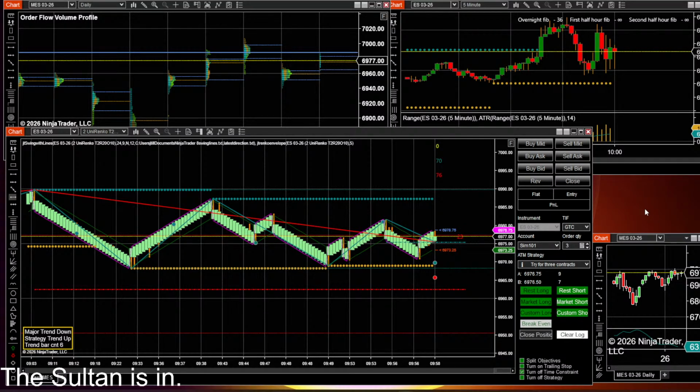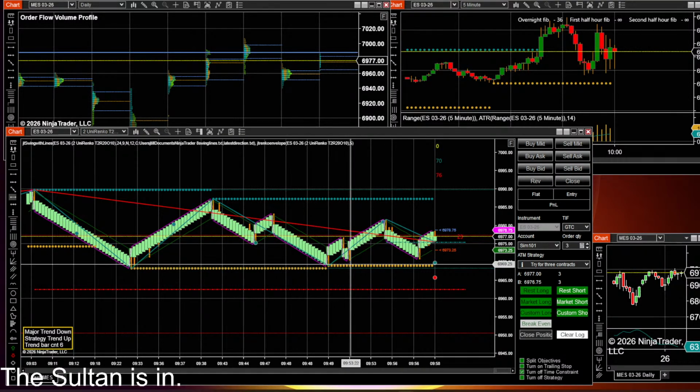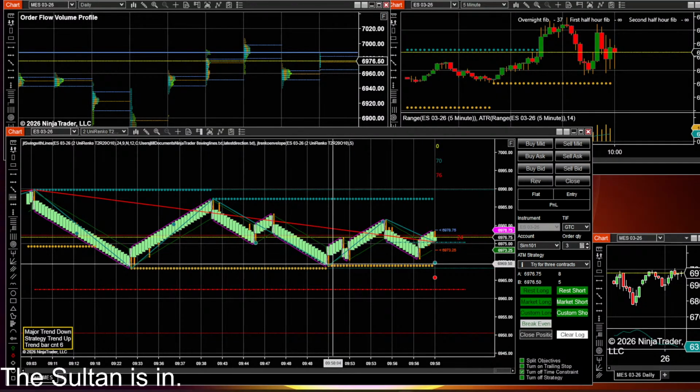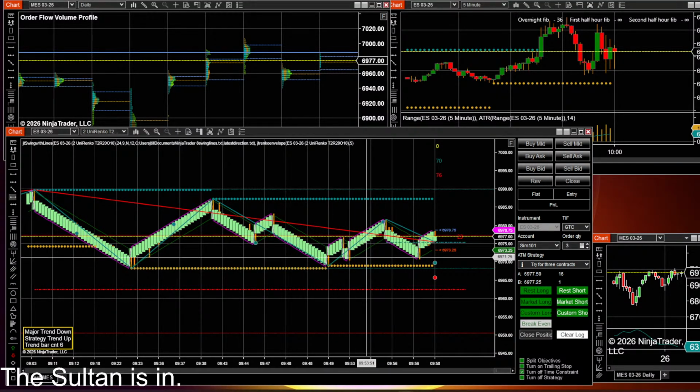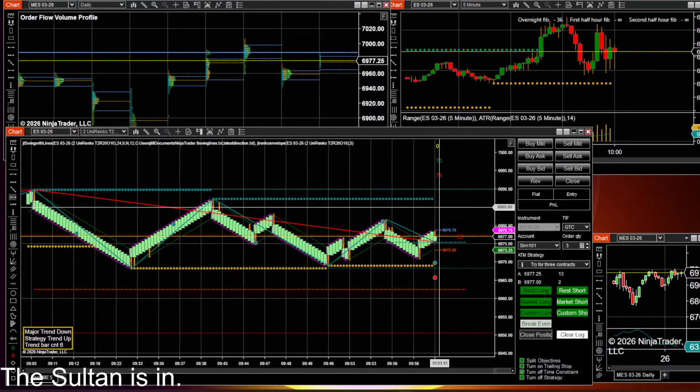But in the minor trend, this would be a continuation of this move here. So you've got the swing here that would be the strategic, but it's also the minor trend low. And you can see here that we're getting higher lows, and this would be a continuation break to the upside.